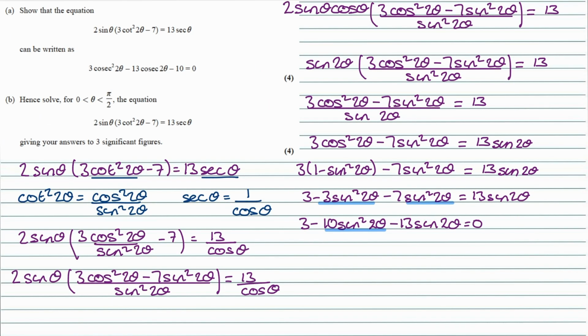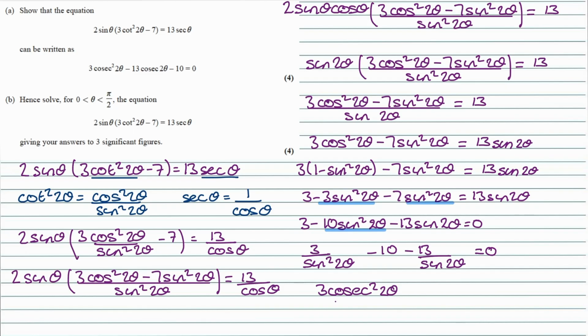And now, if we divide both sides by the sine squared, this would become negative 10, which is in this term here. So we get the 3 over sine squared 2 theta. This term becomes negative 10. And this becomes negative 13 over sine 2 theta. And finally, we know that the sine squared 2 theta is the same as cosec squared 2 theta, and the same for this.